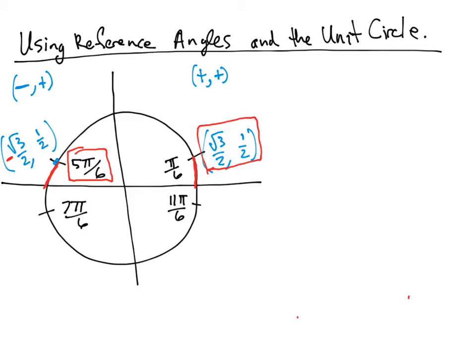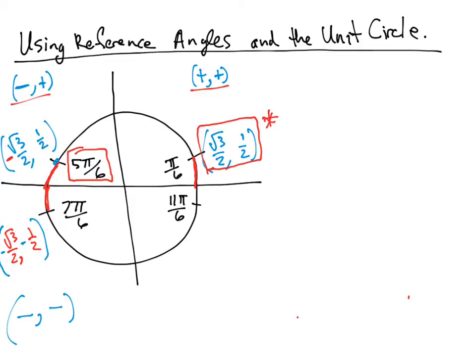And then the only thing we need to do differently is figure out if the signs change. So 7 pi over 6 has a reference angle, again, pi over 6. So I look over here at pi over 6. The coordinates are root 3 over 2 and 1/2. And then I just need to realize that x is always negative, y is always negative in quadrant number 3. So this is going to be negative root 3 over 2, negative 1/2.